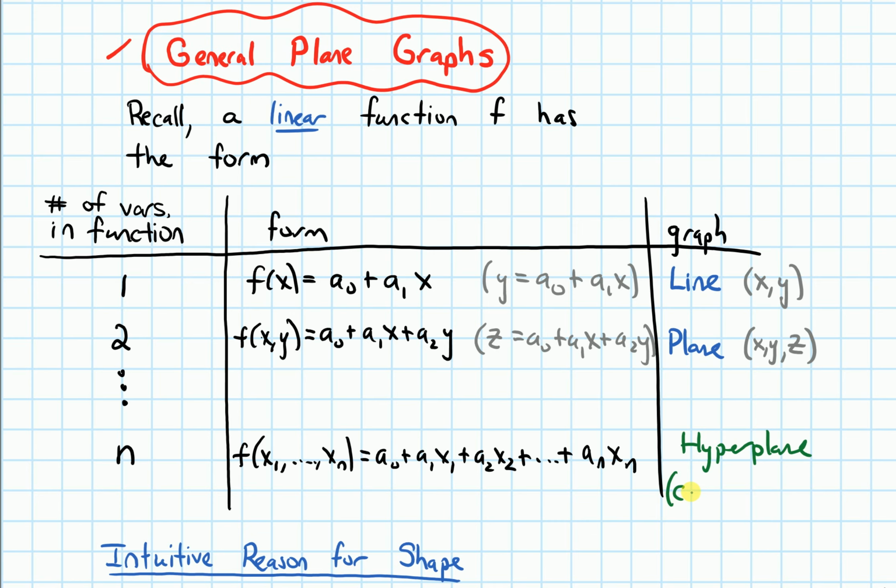And hyperplanes we cannot visualize in higher than 3 dimensions. So stuff that's in 3 dimensions or lower, we can visualize and try to graph, but not stuff that's higher than 3 dimensions.